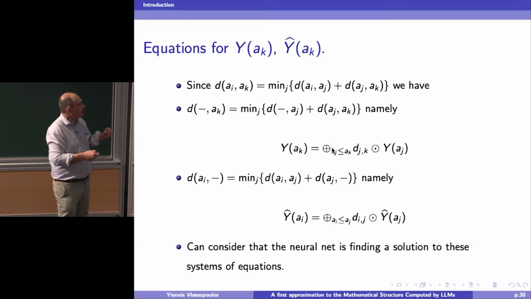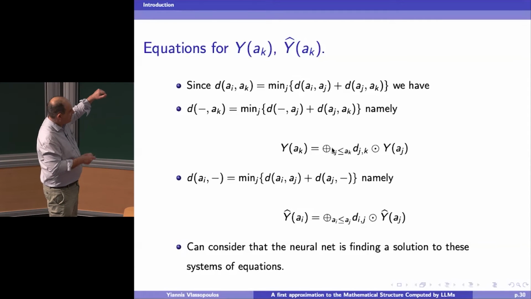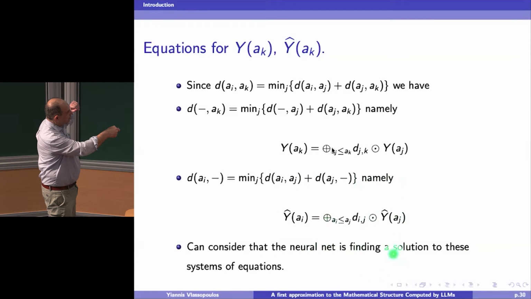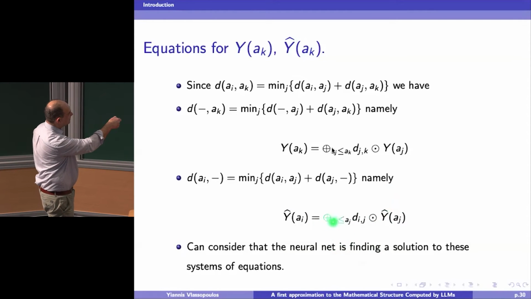coefficients. And the same thing you do for D transpose, and then you get another equation for the co-Yoneda embedding, which means you write it as a sum of the probabilities of extension of all the texts that contain it. You see here a_j is greater than a_i, and here a_i is less than a_k.